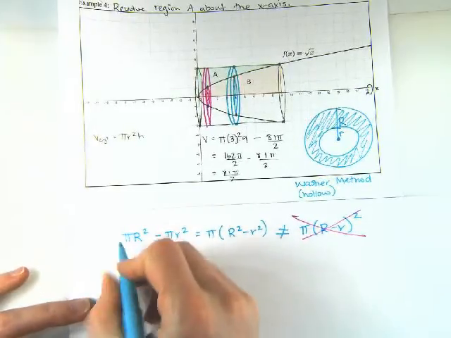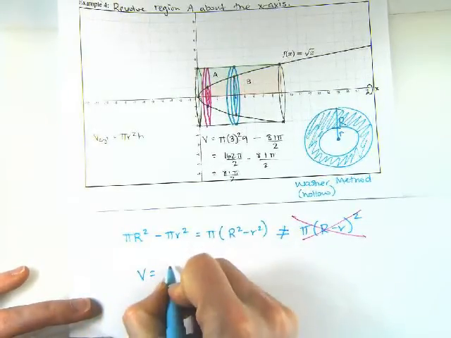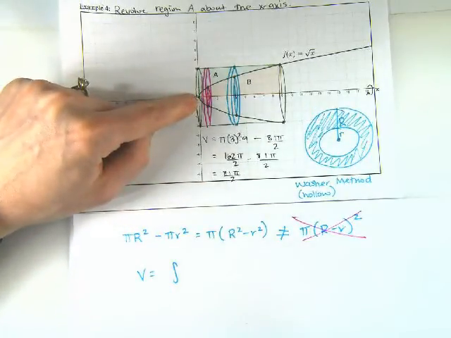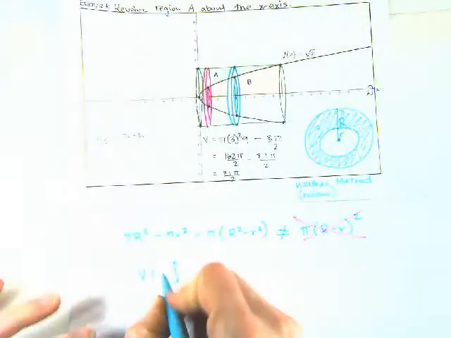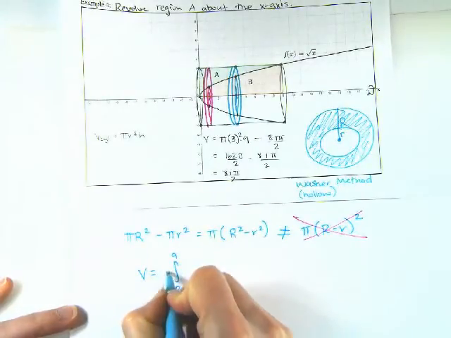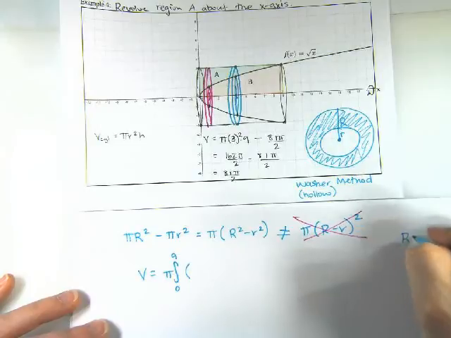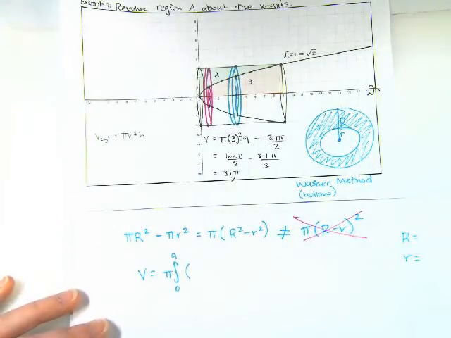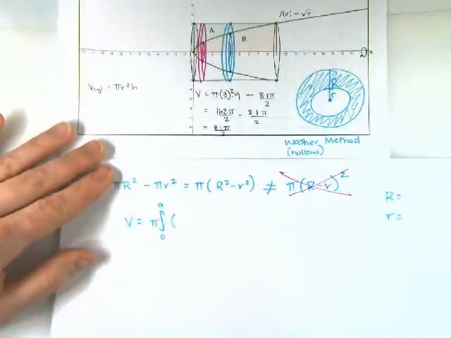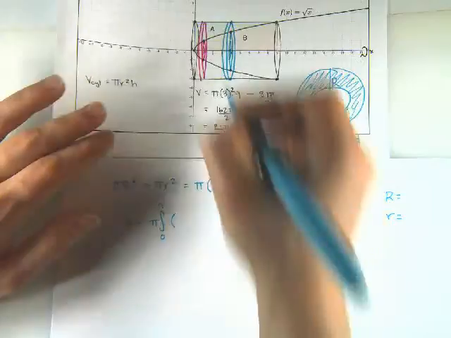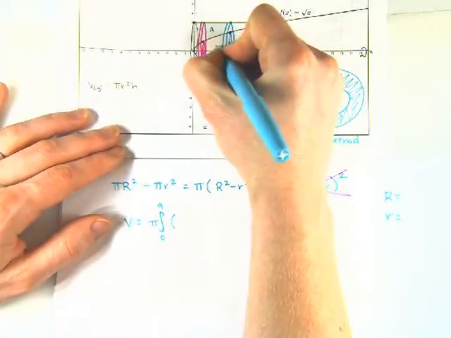Okay, so let's see. The volume would be the integral. We're still integrating from 0 to 9 because that's where our cross sections are still going. Pi. Well, now I need to figure out what the big radius is and what the little radius is. Do we want this to be in terms of the x-coordinate or the y-coordinate? X, because the widths of these washers is still some change in the x-coordinates.